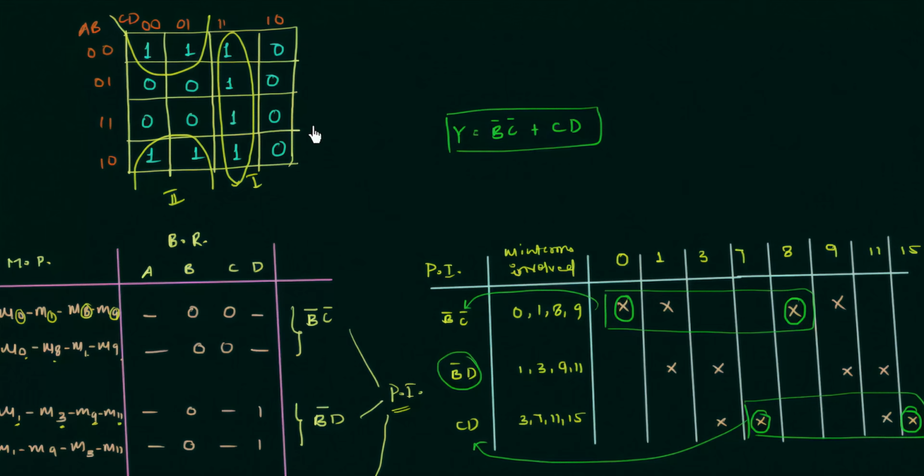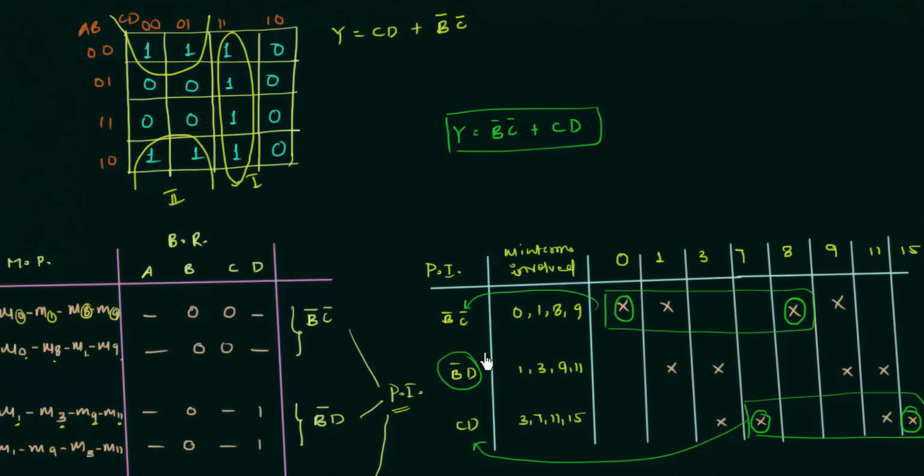So these are our essential prime implicants, and let's write down the minimized value for the first group. You can see we have CD, or for the second group we have B complement, and you can see we have C complement. So from the Kmap also we got the same answer.